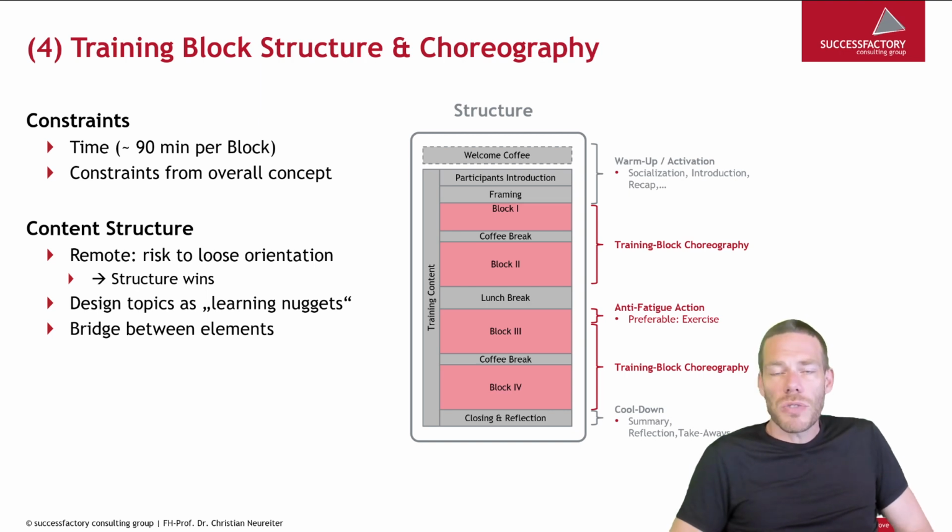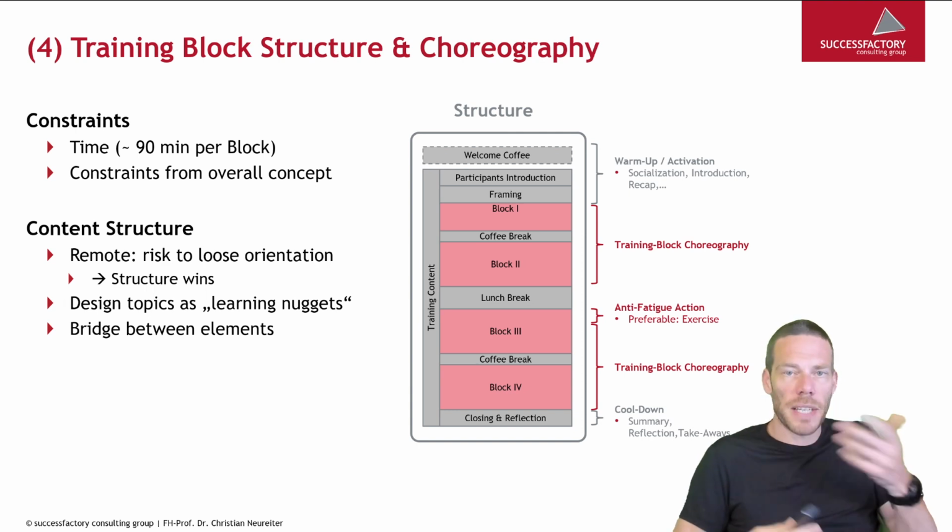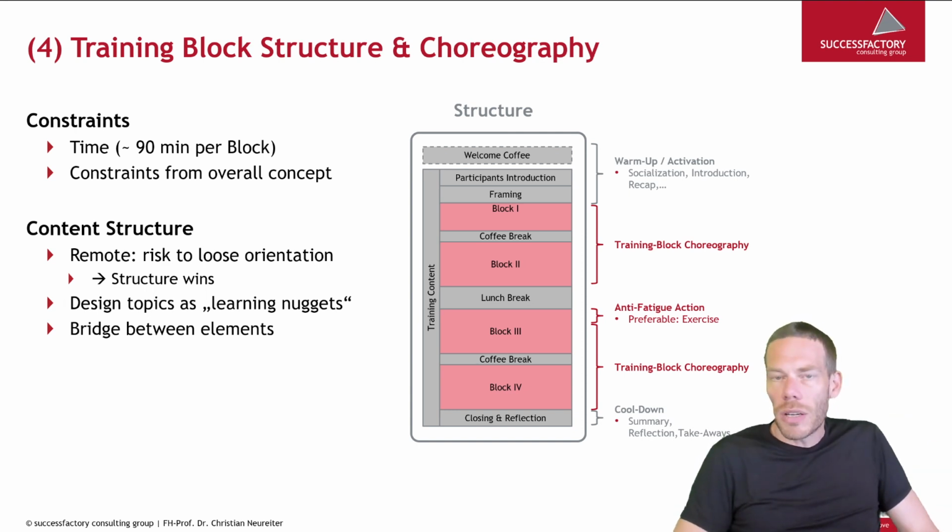A typical constraint is the time constraint, which basically means that your blocks, depending on the content, have a length of 60 to 90 minutes. I personally made good experiences with 90 minutes. I didn't think in the beginning this would work out, but by integrating activation and exercises, I learned that 90 minutes is absolutely feasible. So the time constraint is the one thing.